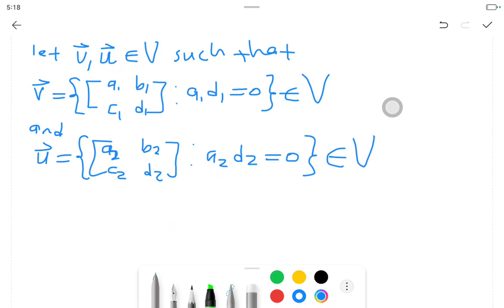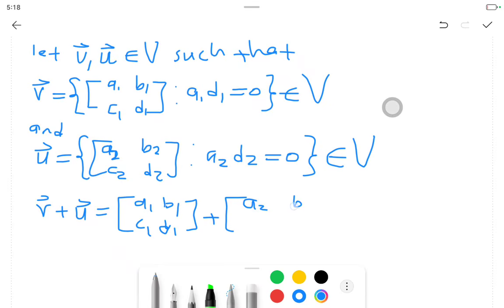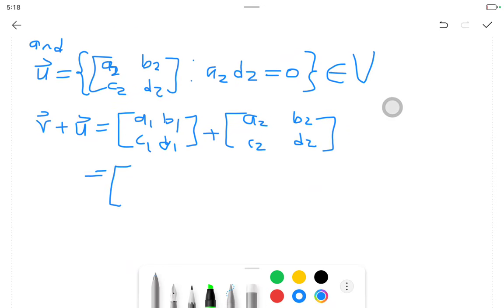So when we add these two, we are going to have A1, B1, C1, D1 plus A2, B2, C2, D2. And this will give us A1 plus A2, B1 plus B2, C1 plus C2, D1 plus D2.